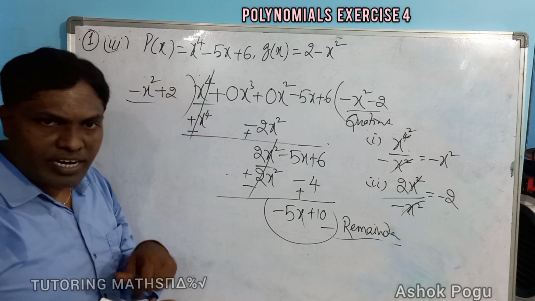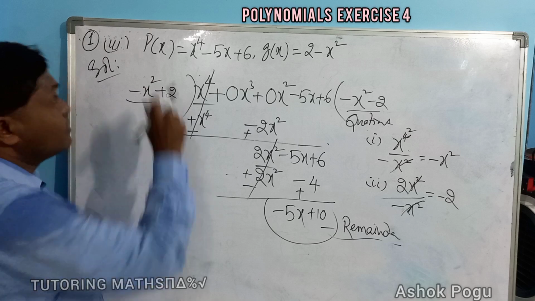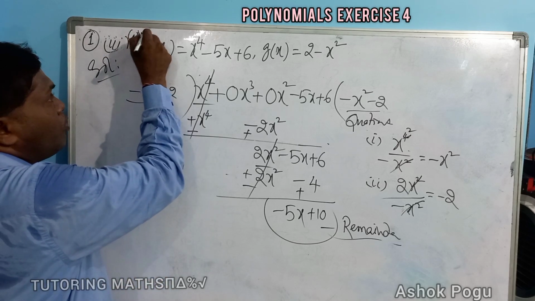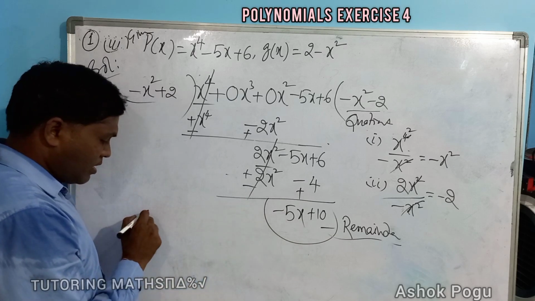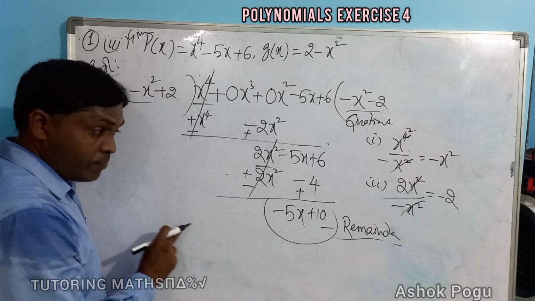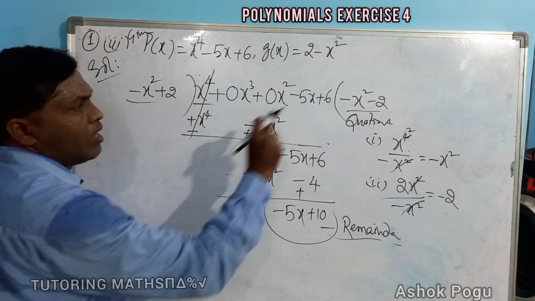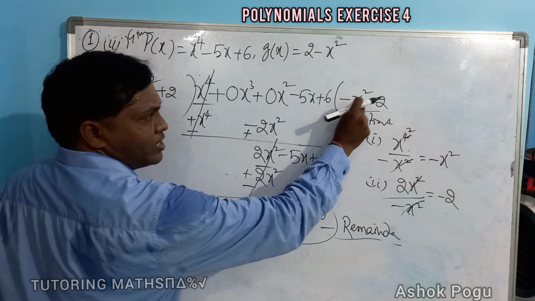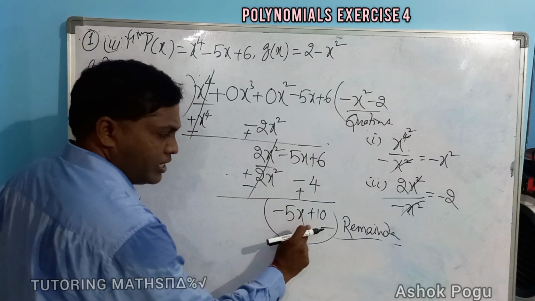Before starting the problem, you write solution, SOL, and next write given. What are the given polynomials? You take them down, and finally at last you write what is your solution. Finally here we get quotient minus x square minus 2 and a remainder minus 5x plus 10.